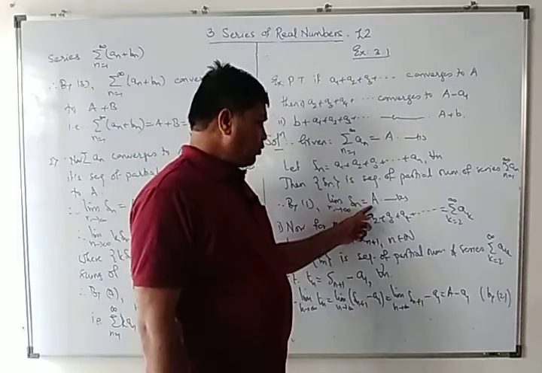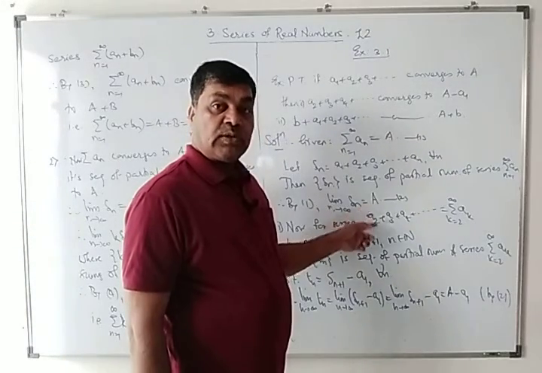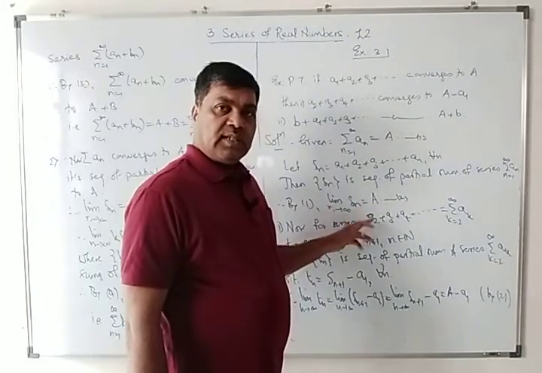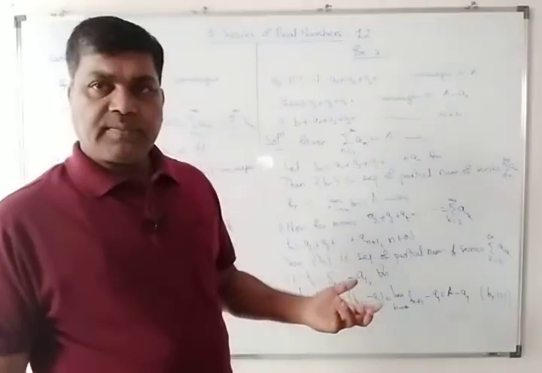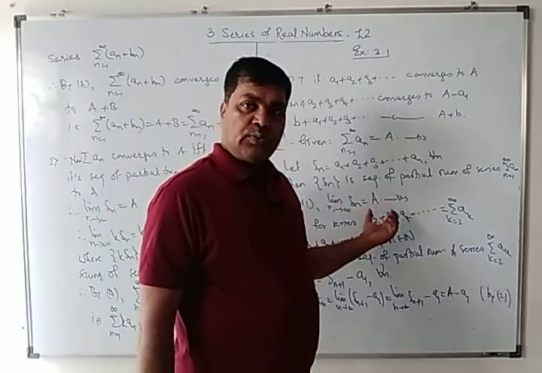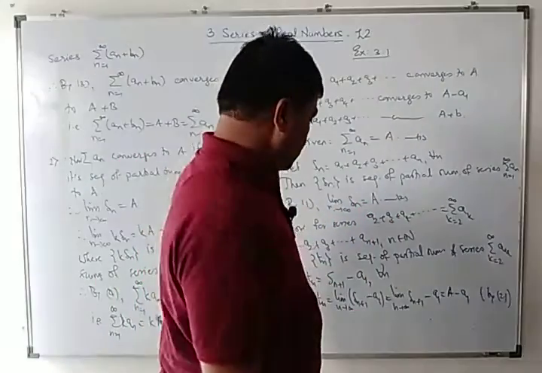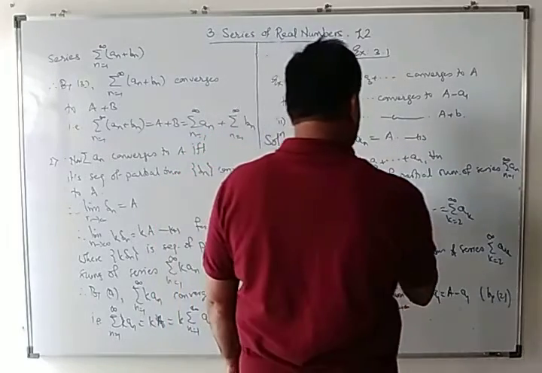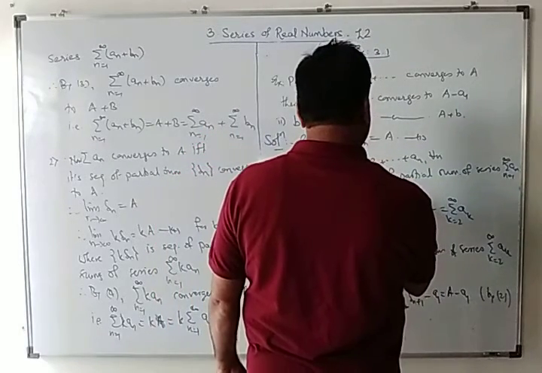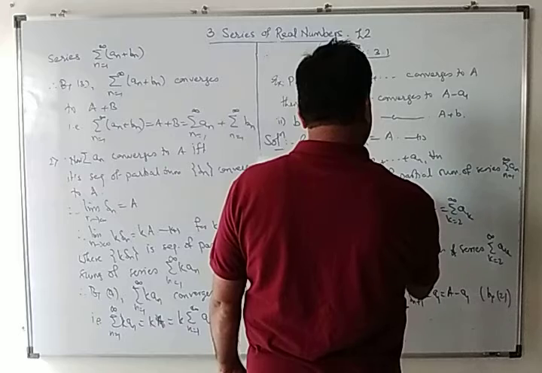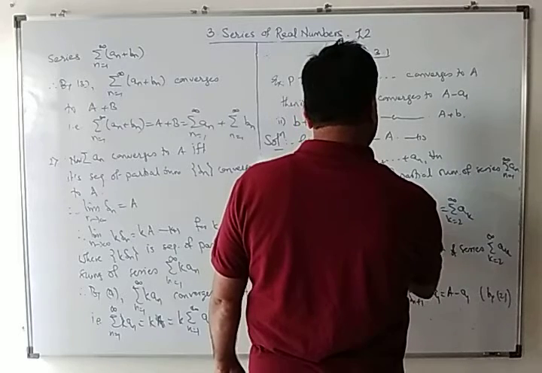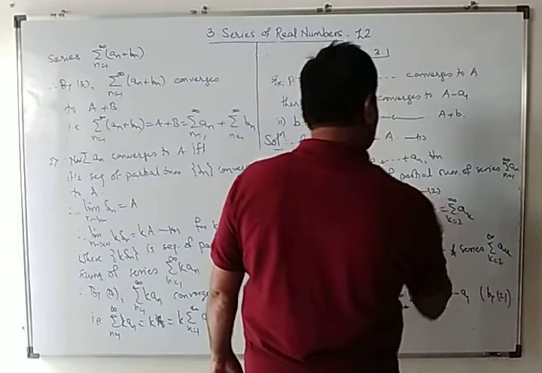If Sn converges to A, then any subsequence converges to A. Sn plus 1 is a subsequence of it, so it converges to A. Is it right? So, this is equal to limit of Sn plus 1 also, right? So, you get this.